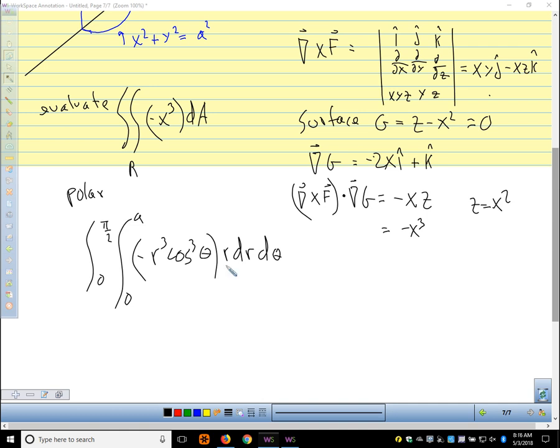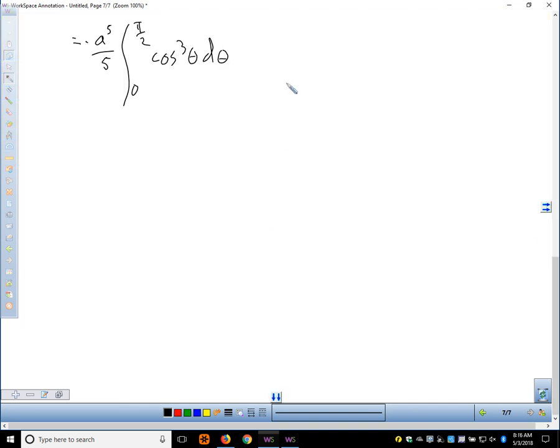Well, the r integral gives us minus r to the fifth over 5, evaluated from 0 to a. So we get minus a to the fifth over 5, integral from 0 to pi over 2 of cosine cubed theta d theta. And we know how to do this, right? What do we do? Substitute.